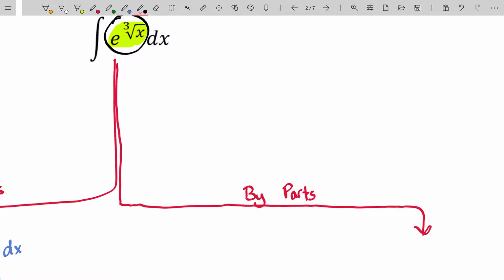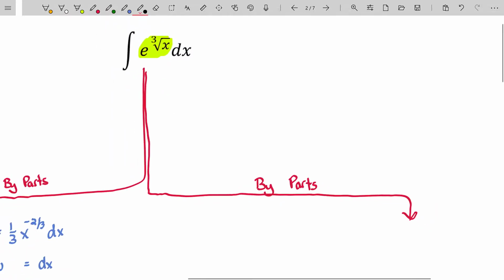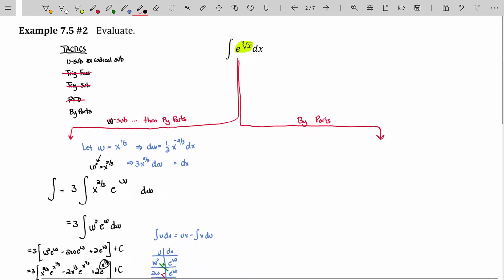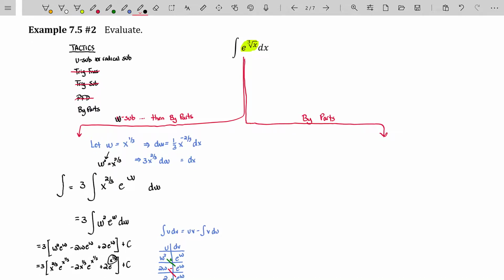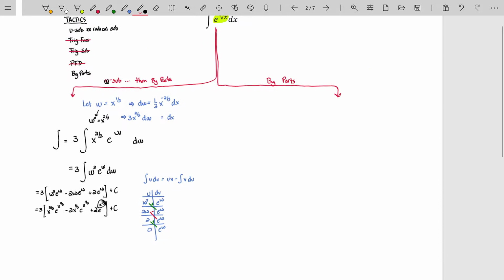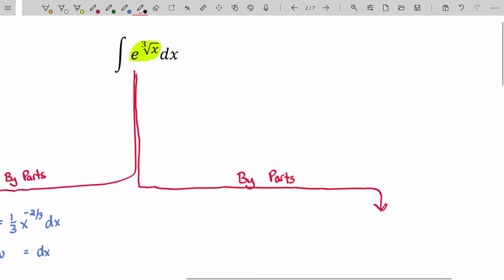So maybe it's best that you do not just always dive into by parts from the get-go. It sort of works, but then it gets really, really ugly, just like the previous problem. And so I did what I would normally do if I'm doing any type of integration, is I would press pause and go to a different method, specifically the one that already works and was short. So anyhow, just letting you know, this is a great example.